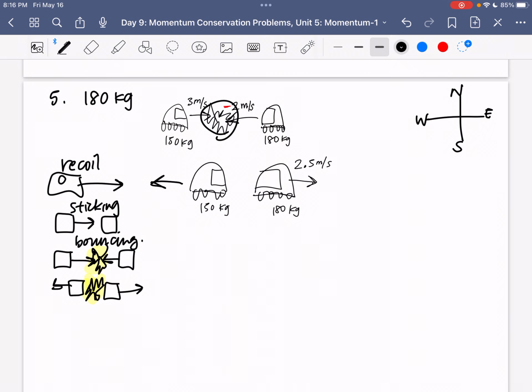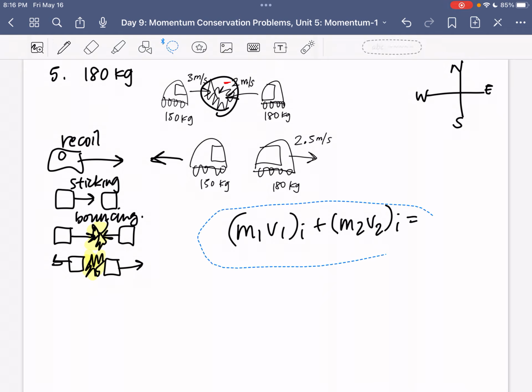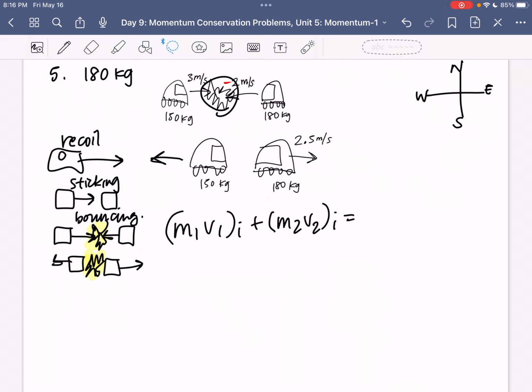Because we know that it's bouncing, we can use the formula m1v1 initially plus m2v2 initially equals m1v1 finally plus m2v2 finally.